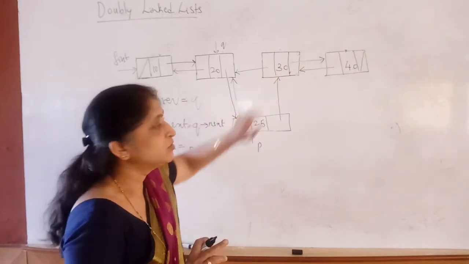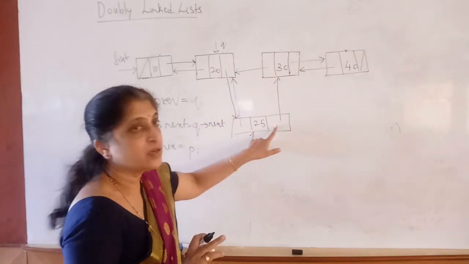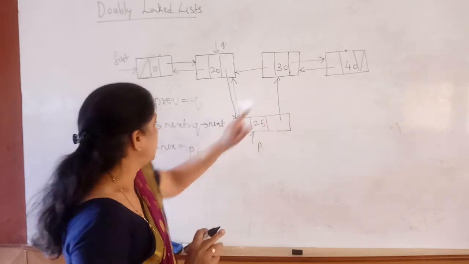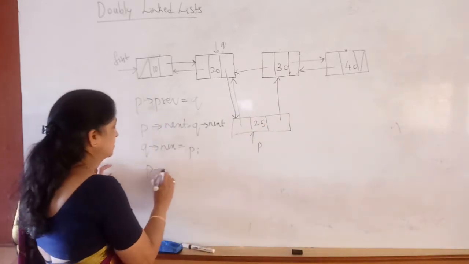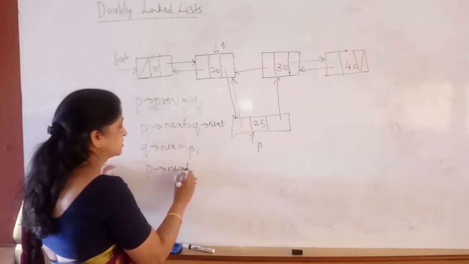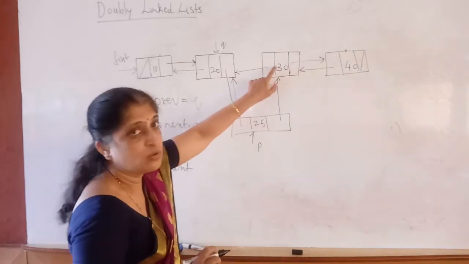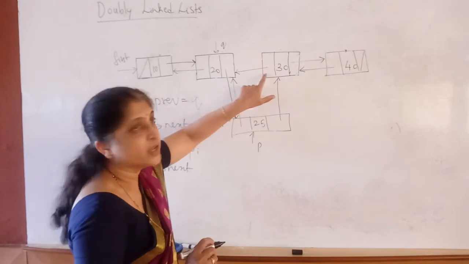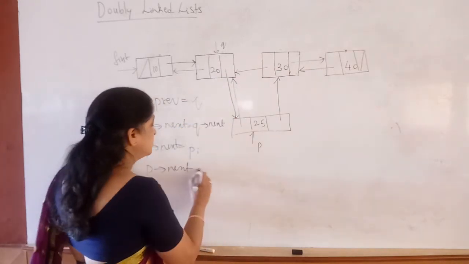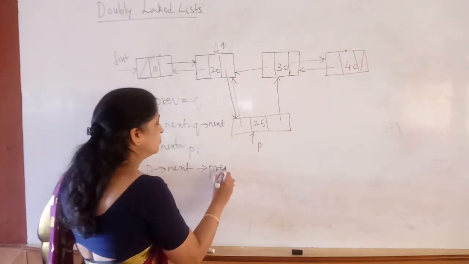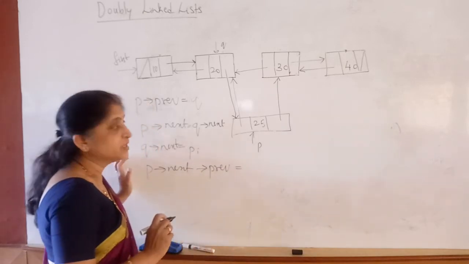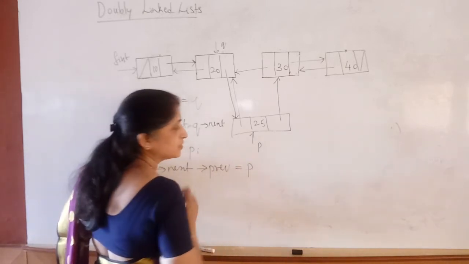To get a pointer to this, I have it in P next. P next is a pointer to this node. In this node I want to access the previous field. So I write P next previous is equal to P.